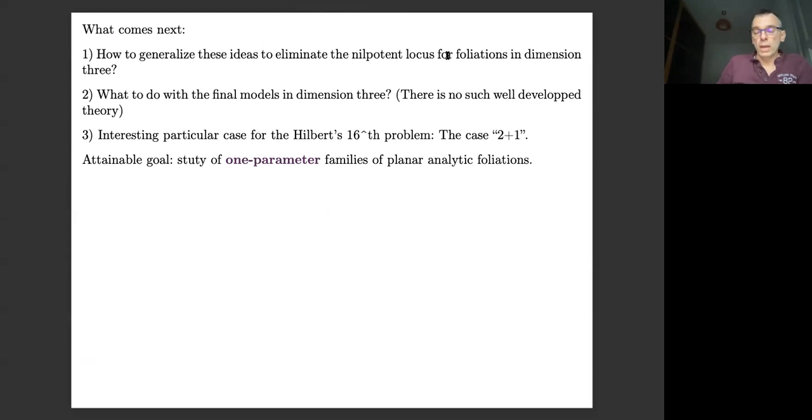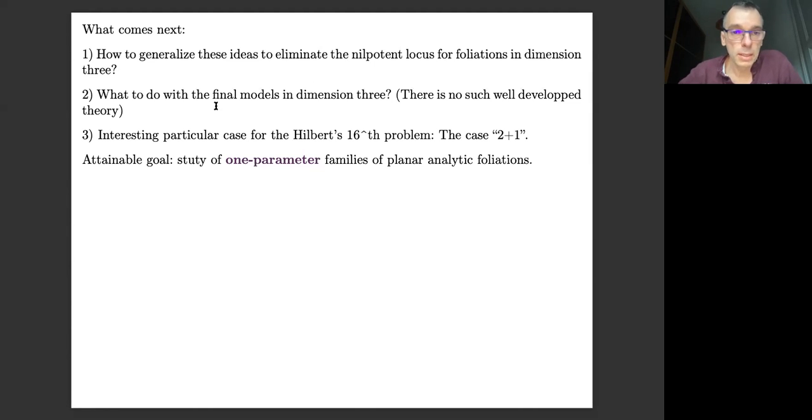In dimension 3, the proof is more complicated, but the essential ideas are the ones that I explained to you. It's just a little bit more technical. I will not be able to provide you the full details, but conceptually it is not much different from what I explained to you.